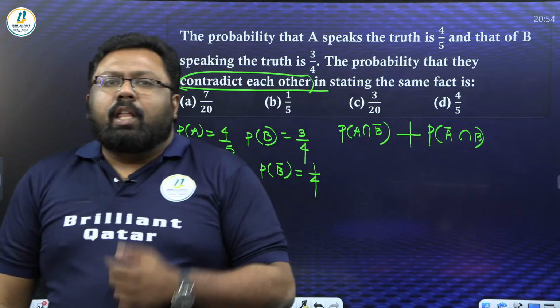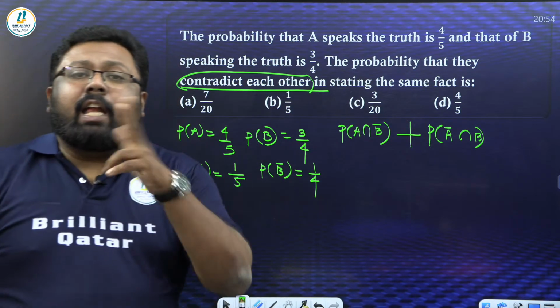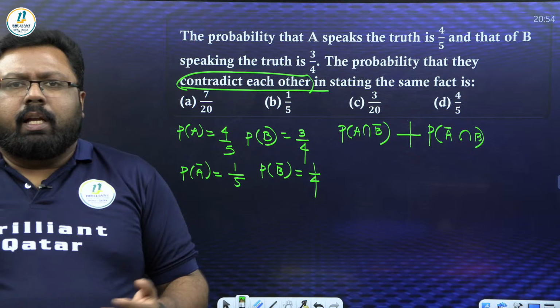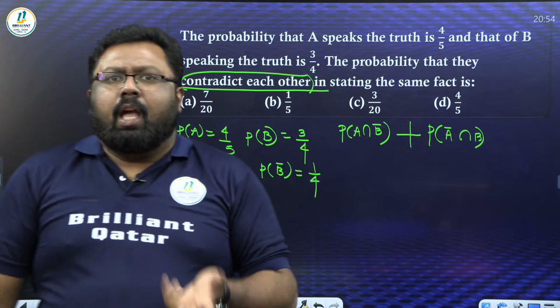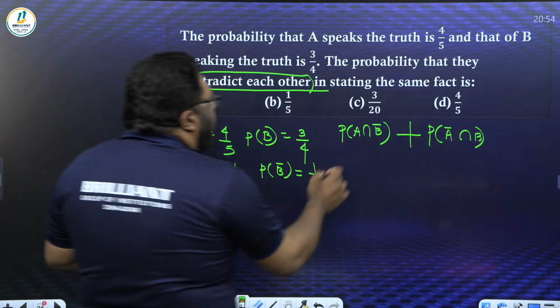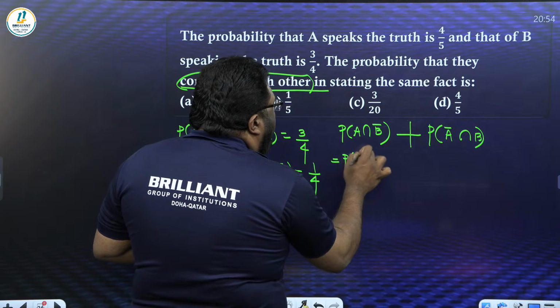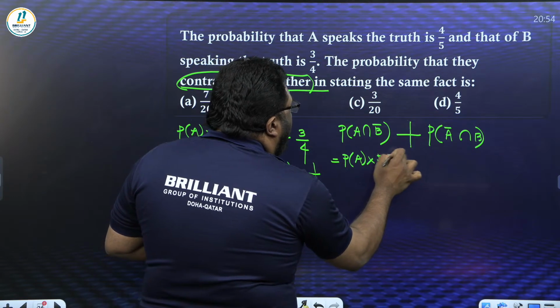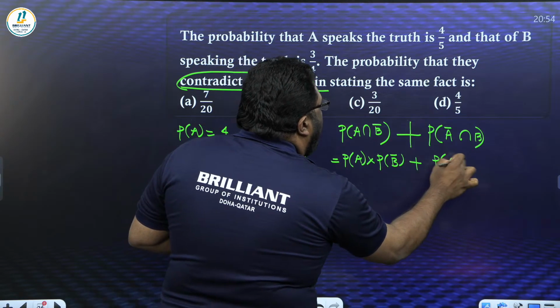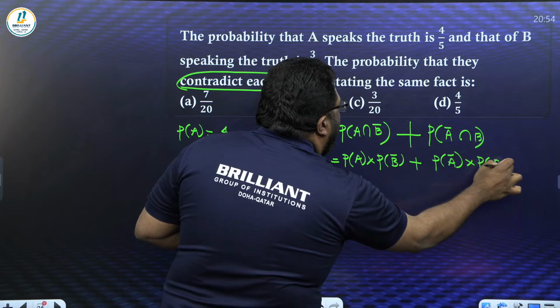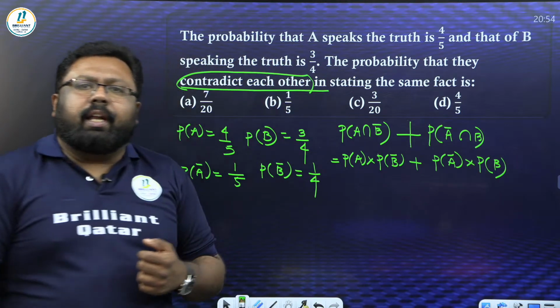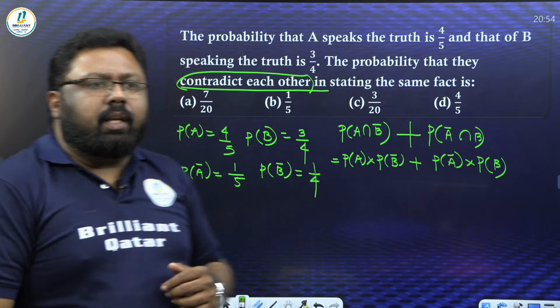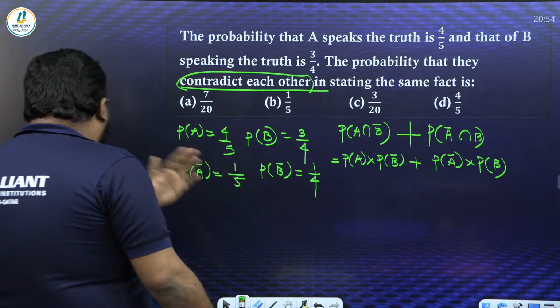And my dears, these two persons are independent of each other, no doubt. It's their individual opinion that they're saying. So I can simply multiply P of A into P of B complement and P of A complement into P of B. Understand, my dears? Contradicting means they say opposite of each other and they are independent events, so just multiply them.